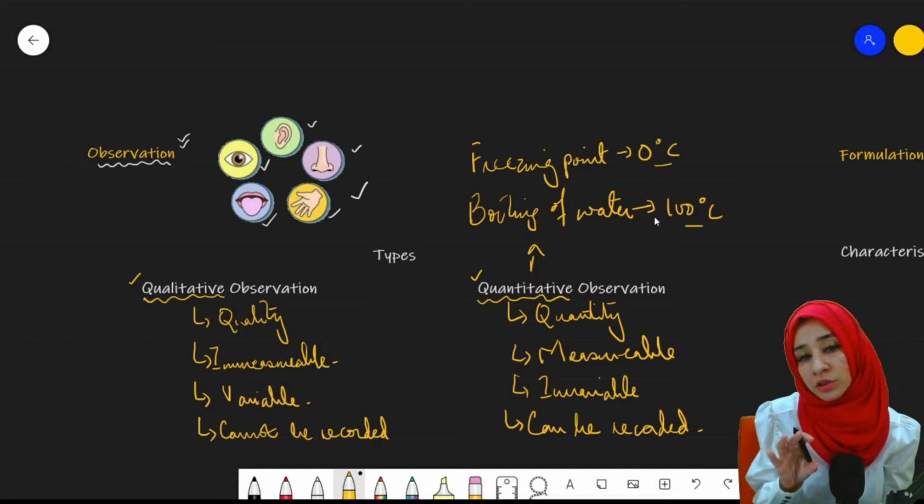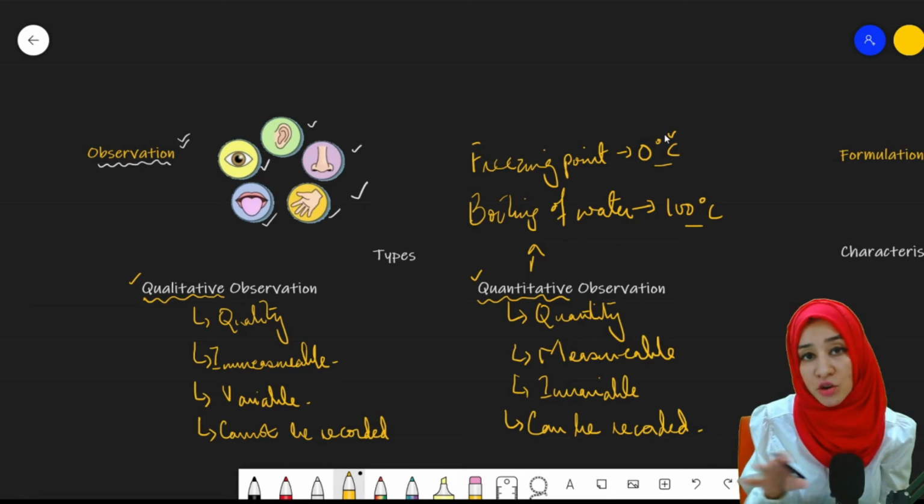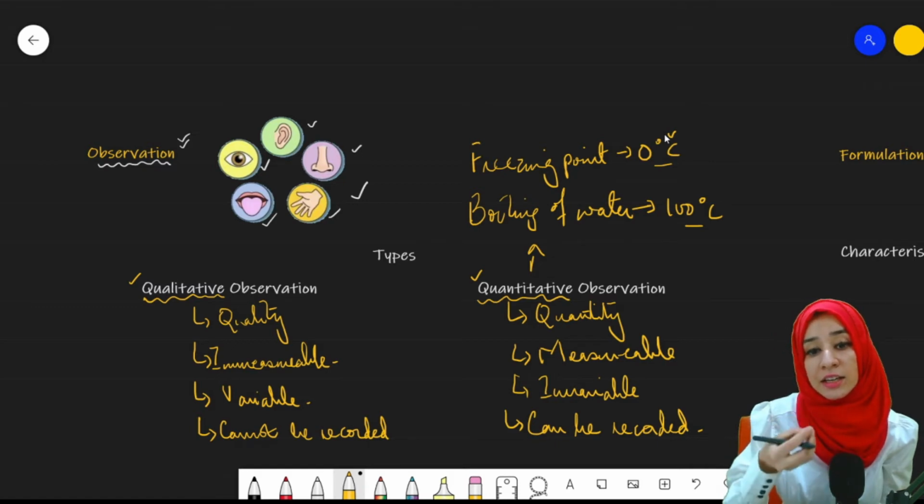This is the universal truth. Boiling point of water will always remain 100 degrees Celsius, and freezing point of water will always remain 0 degrees Celsius. We cannot change it. This has been recorded in terms of numbers. It is measurable. It is invariable, cannot be changed.